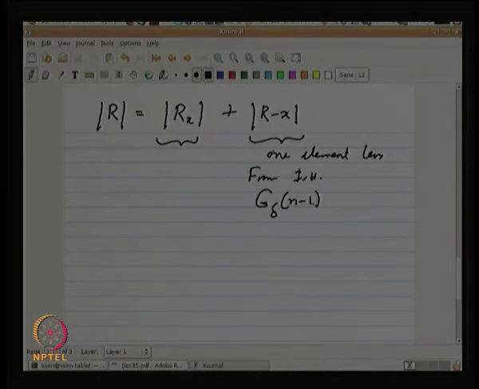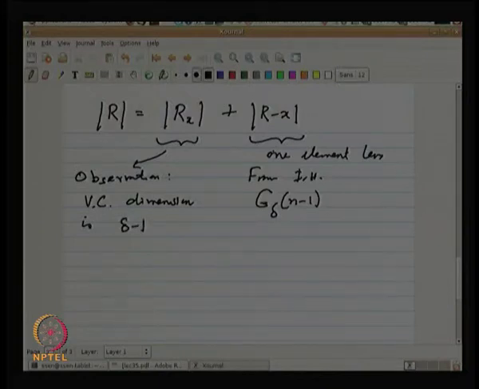Right. So, the claim is that the number of ranges in R minus x is bounded by this quantity. How about this one, R sub x? Here what we can claim is that the VC dimension is delta minus 1.